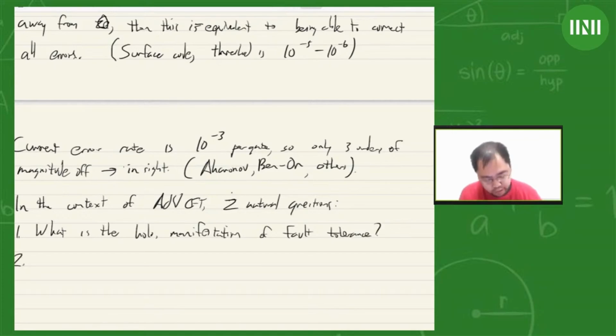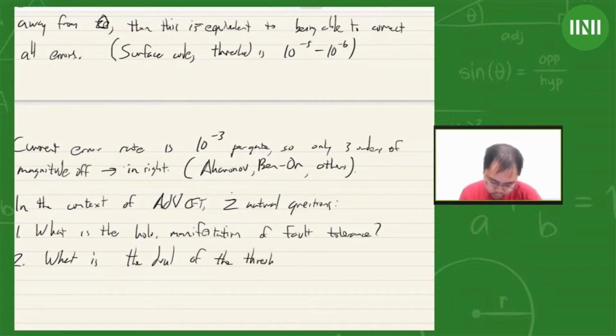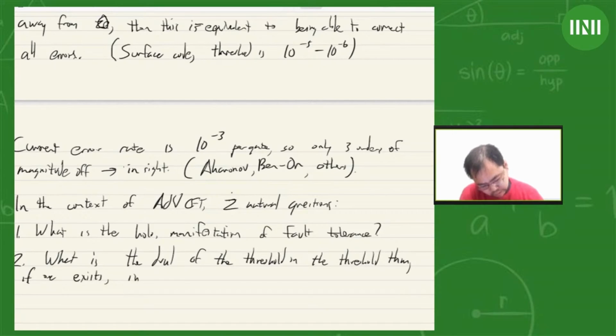Second, what is the dual of the threshold in the threshold theorem? One exists: holographic quantum error correction.